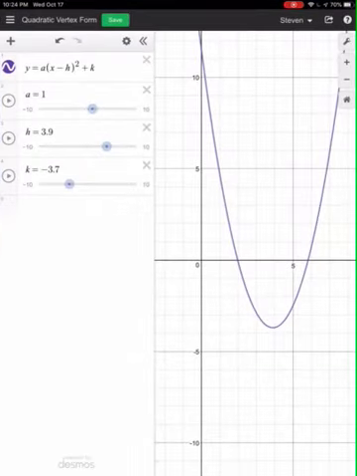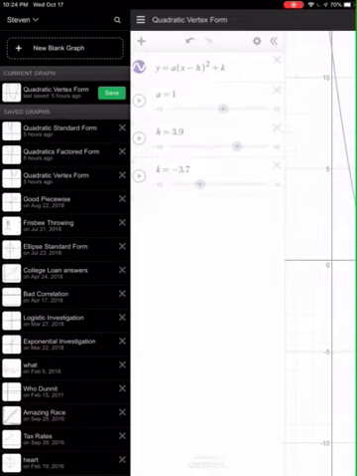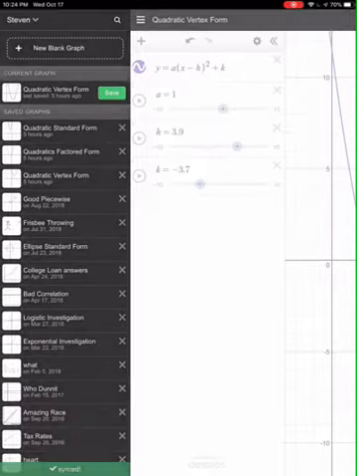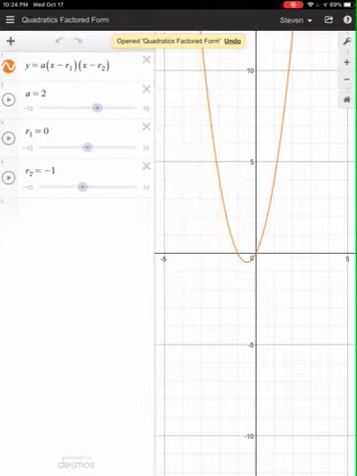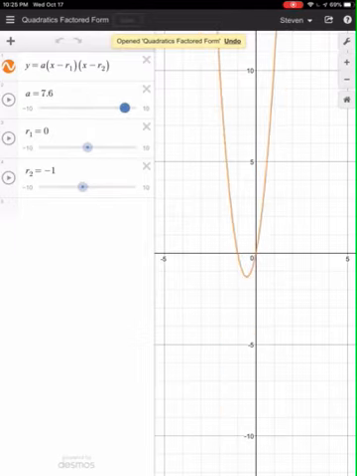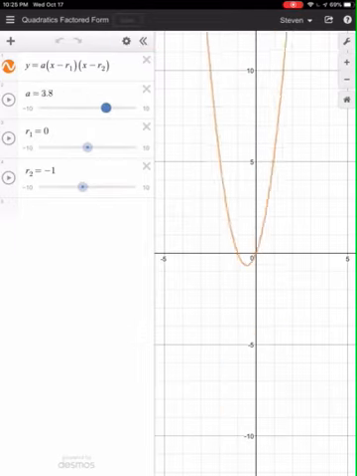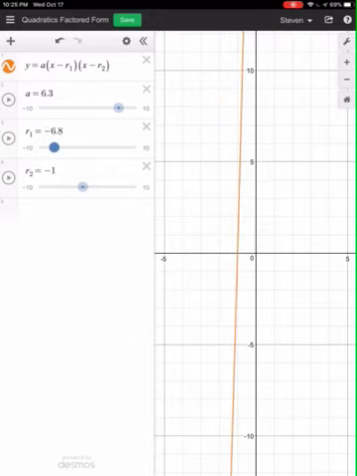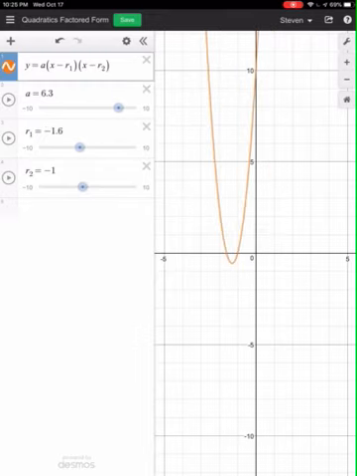So if we look at a parabola here, now it's in factored form. So A is still changing my width, but now it looks like it's moving it, and I want you to pay close attention to this. As I change r1 and r2, right now my intercepts are negative 1.6 and negative 1.